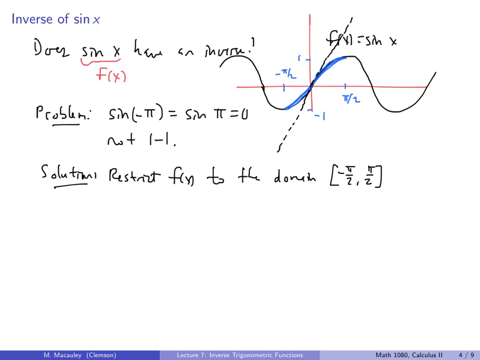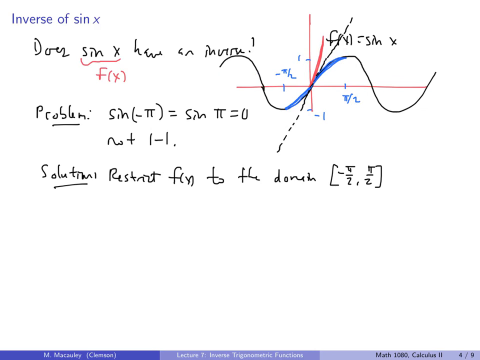So if you reflect, see if I can do this without messing it up. It's harder than it looks at first. So if you reflect this function, you get something that looks like, let me do a piece at a time. So now I'm reflecting this piece across this line. And now let me reflect this piece across this line.